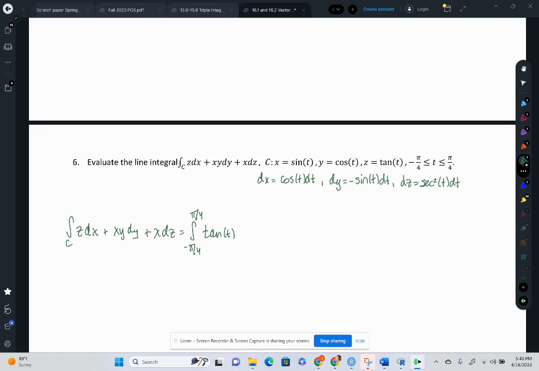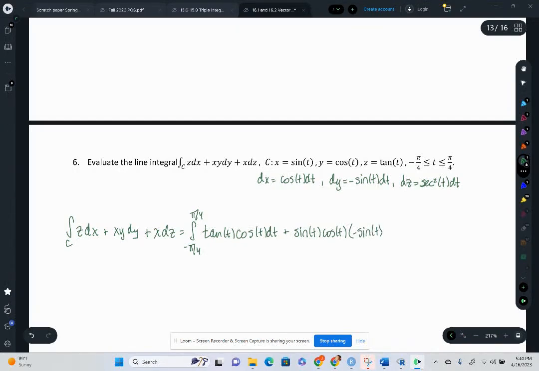Dx is cosine of t dt. Plus xy will give me sine of t, cosine of t. Dy will give me a minus sine of t dt. X dz will give me sine of t and then times secant squared of t dt.